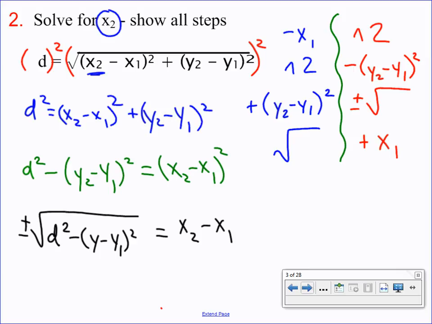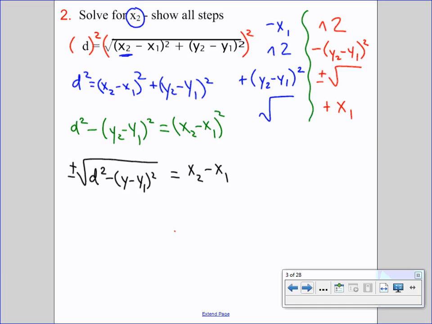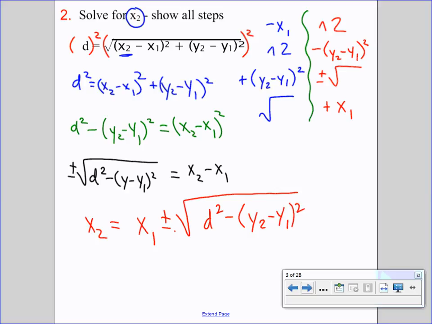I go to my last solving step, and all that remains is to add x sub 1 to both sides. So my final answer is going to be x sub 2 equals x sub 1, that's positive, plus or minus the square root of d squared minus y sub 2, that should be, minus y sub 1 squared inside close bracket. This should have been y sub 2 right there.